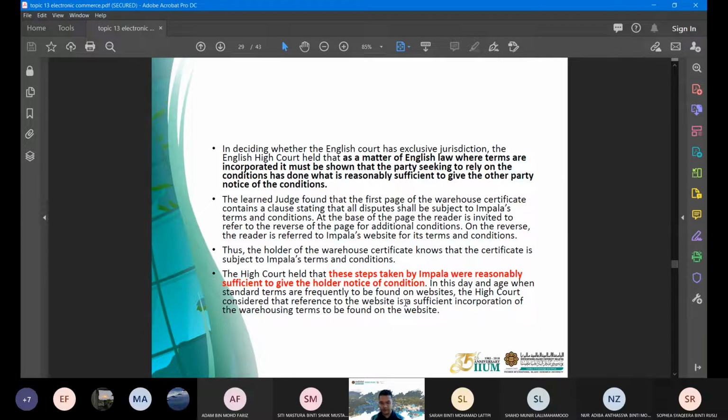So Dokbil might argue, I'm not bound by US law, tapi by the agreement, you have signed the agreement and you want to settle the disputes with them, maknanya you have to follow what the agreement has said lah. So here, the court decided in this case that sufficient notice was reasonably given by the party.